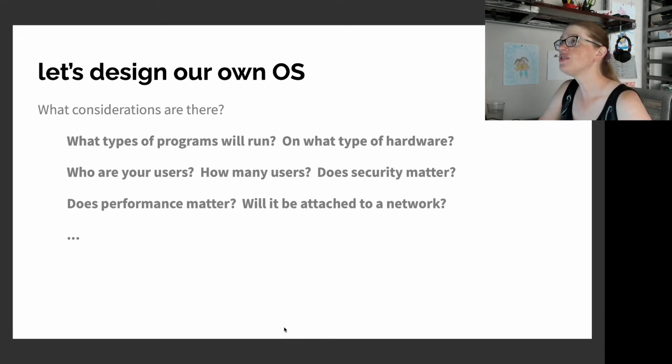Now, if you were Amazon and you were trying to develop some brand new operating system to run on your data centers, the considerations that you'll have to make are pretty immense, because you're not talking about 5 or 10 users. You're going to have to do an analysis and figure out how many users exactly you are anticipating could be on this machine or that using this data center at any specific time. And security is going to really matter to you.